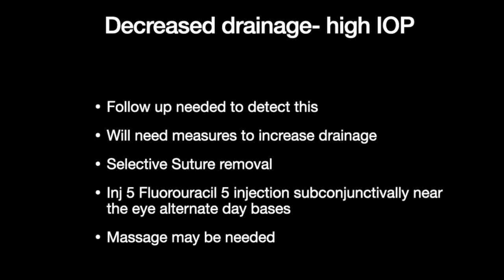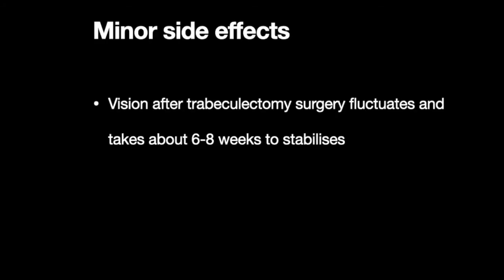Some injections are available. They are called as injection 5-fluorouracil. This is given around the eye on alternate day basis. This basically reduces the fibrosis, and in some cases bleb massage is taught to the patient, which patient has to do at home for a period of 4 to 6 weeks.